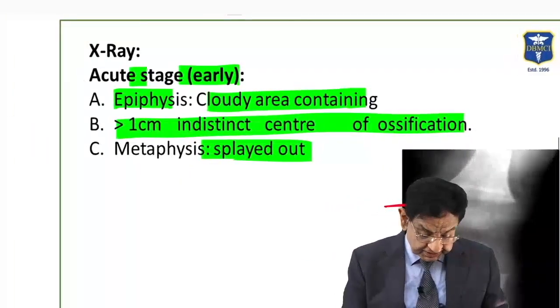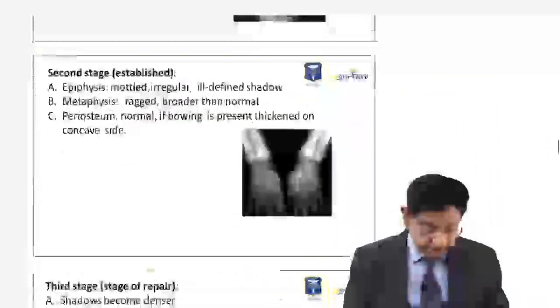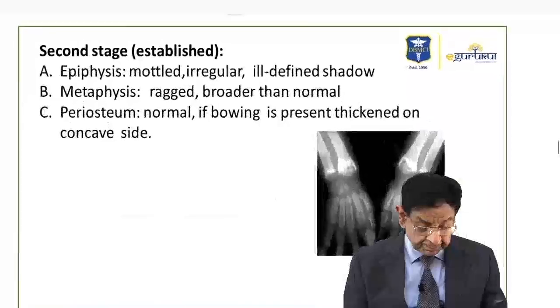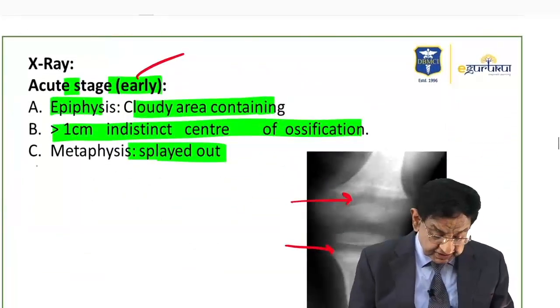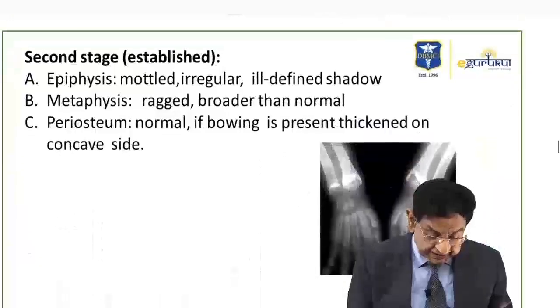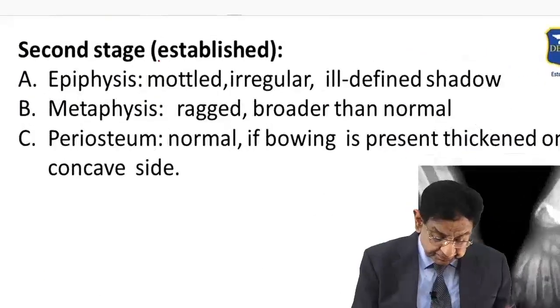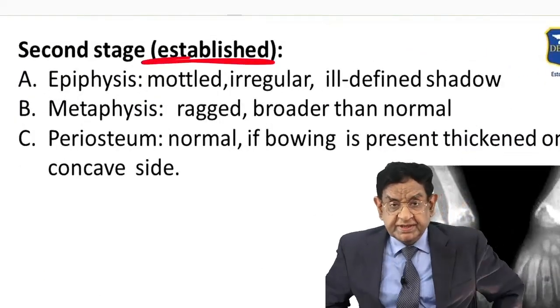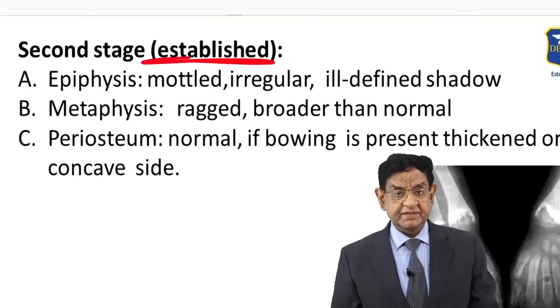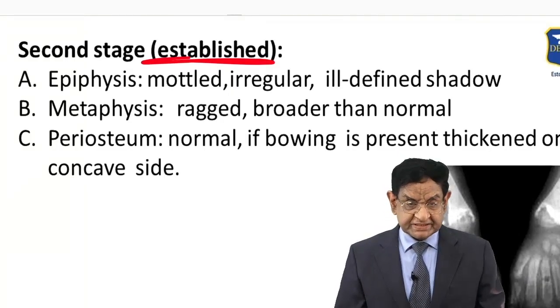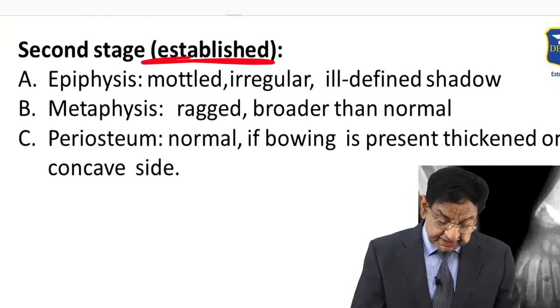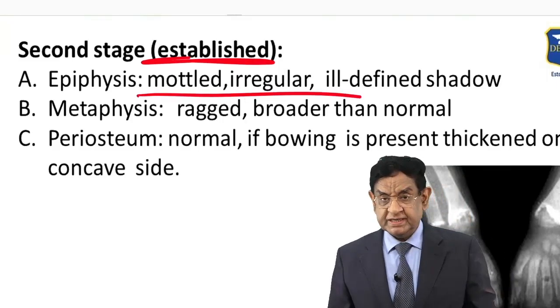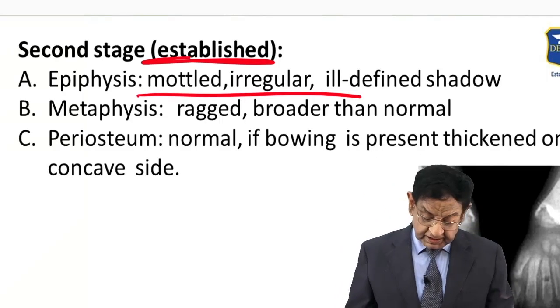Then we talk about stage number 2. This was the early stage. Now we talk about stage 2, which is established. Vitamin D deficiency has been there, bones are involved, and now it is established that bony abnormalities are there. Epiphysis again irregular and mottled, as we saw previously also.